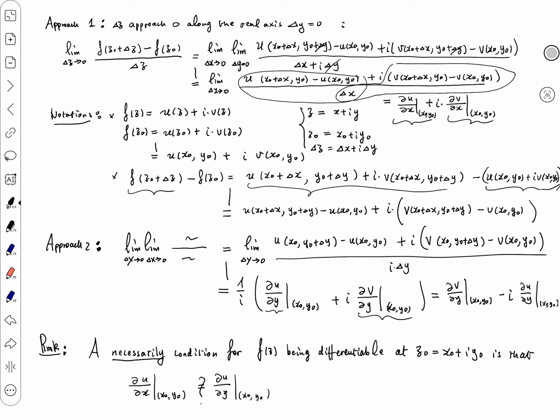And so finally, partial u, partial x should correspond to partial v, partial y, and partial v, partial x equals minus partial u, partial y.